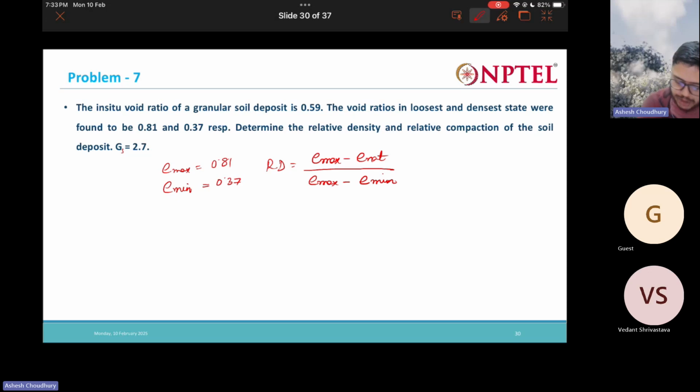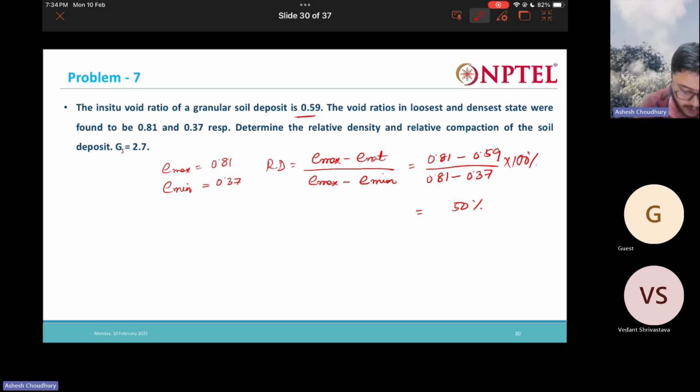The natural void ratio is given as 0.59. So I can calculate 0.81 minus 0.59 by 0.81 minus 0.37 times 100%. So this will come out as 50%. The relative density of the granular soil deposit is 50%.